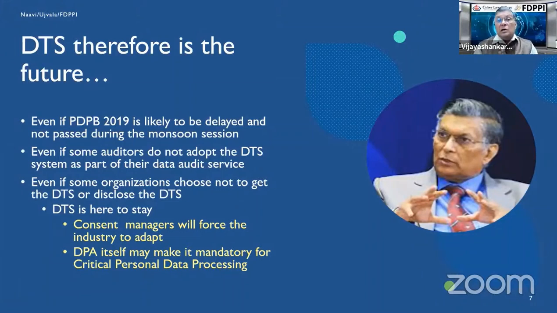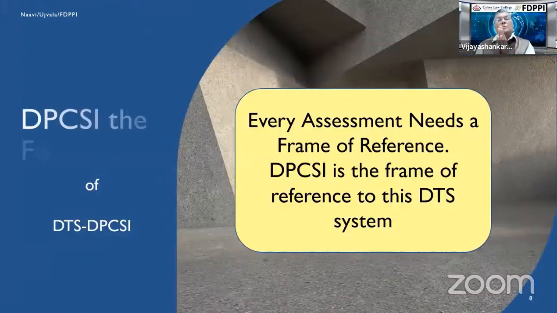The data protection authority itself in due course may start pushing for DTS initially for processors of critical personal data. Then they may make it for significant data fiduciaries by choice, and then they may extend it to all significant data fiduciaries because DTS is a good system which brings transparency to the data protection capability of an organization.